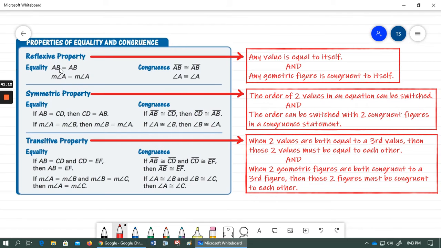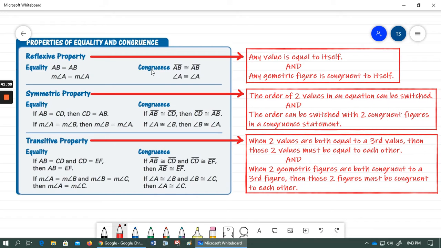So again, as you can see here, they've got written here the length of segment AB is equal to the length of segment AB, and then they've got the measure of angle A is equal to the measure of angle A. So again, folks, what the reflexive property is pretty much saying is that any value is equal to itself, right?